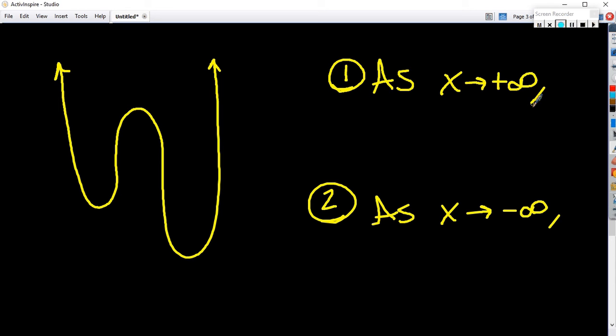A left end and a right end. So the first one is asking me to look at which end, the right or the left? The right. On the right side, is the graph going up or is the graph going down?